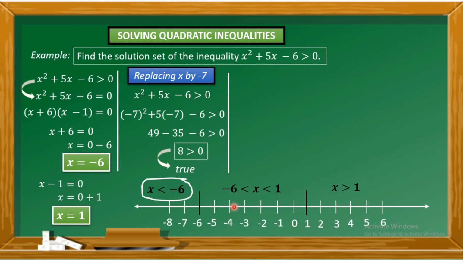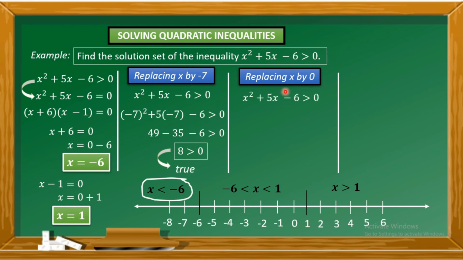So let's try the middle part. Again, you have to choose only one of these numbers. You may choose 0 if you want, or negative 1, or negative 2. It is your choice. Me, I chose 0. So replacing x by 0 again, x squared plus 5x minus 6 is greater than 0.